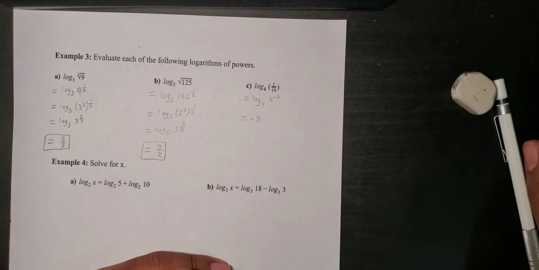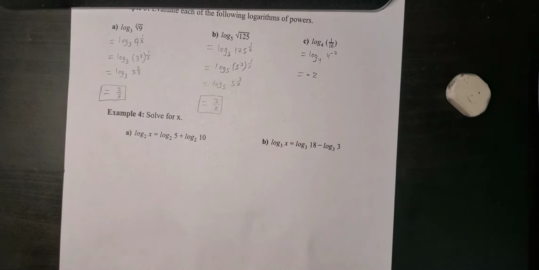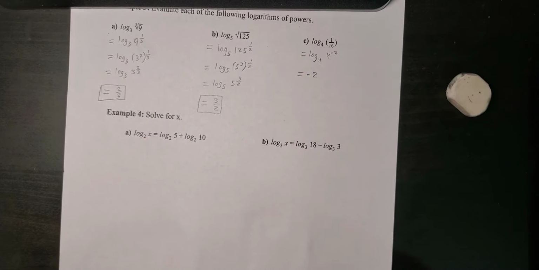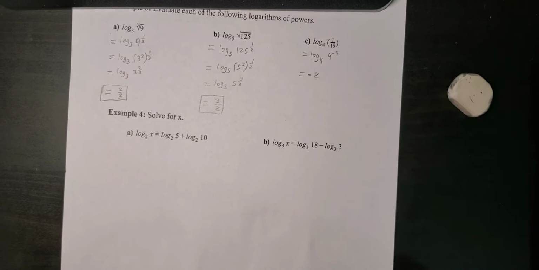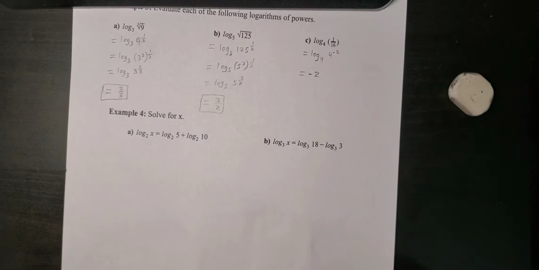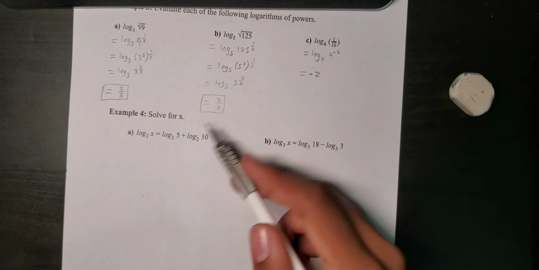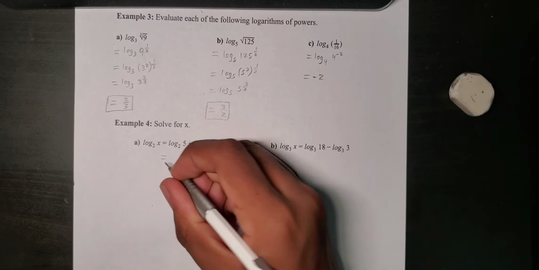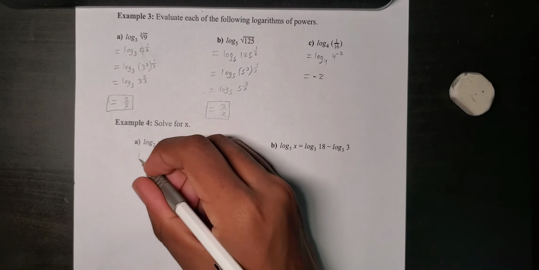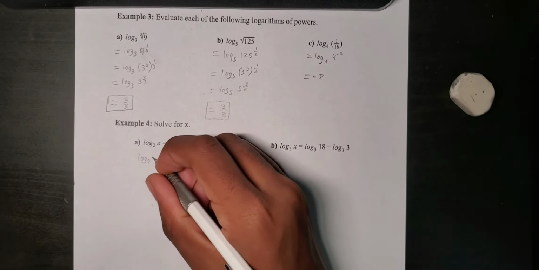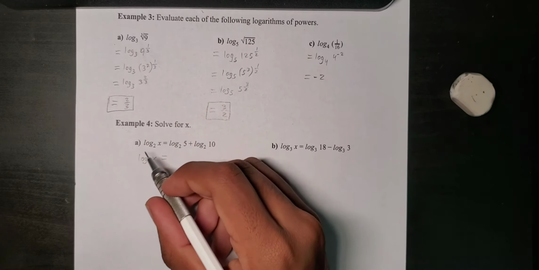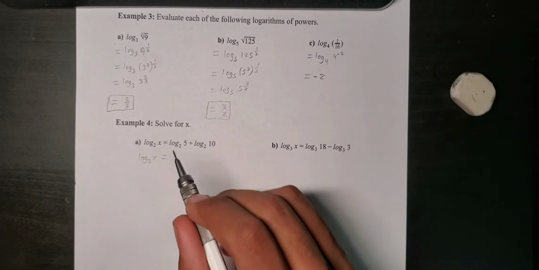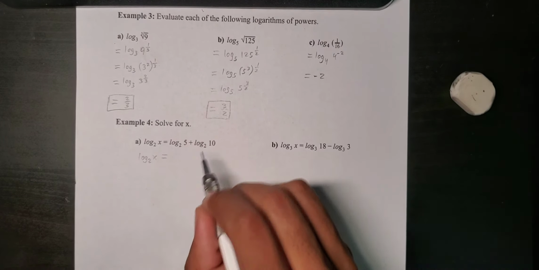Okay, the last example. Solve for x. In this case, we would solve using the laws of logarithms. You could just turn these into exponents and then calculate them. But here we'll be using laws of logarithms. The log at base 2 of x equals the log of 5 plus the log of 10.